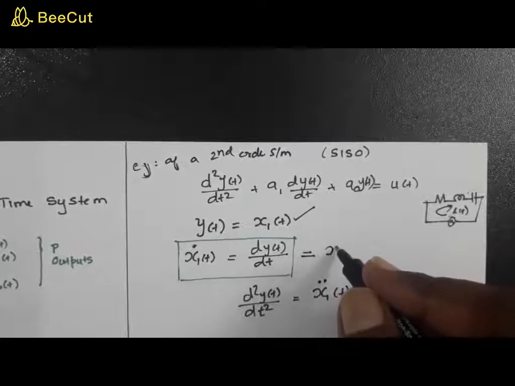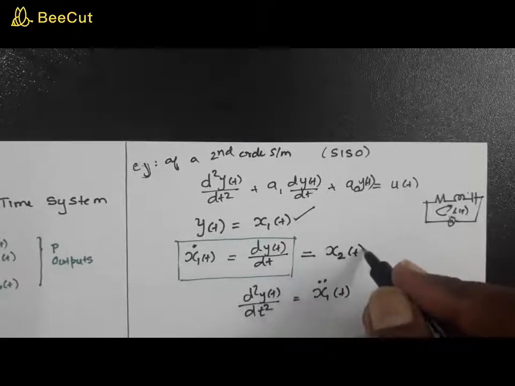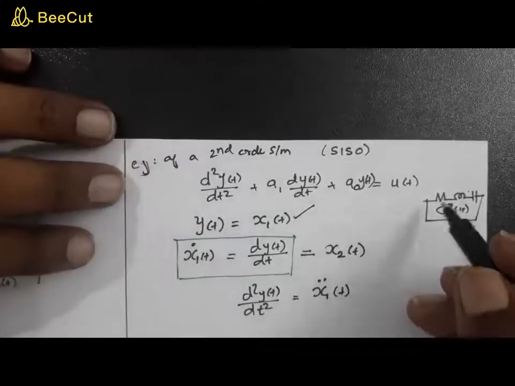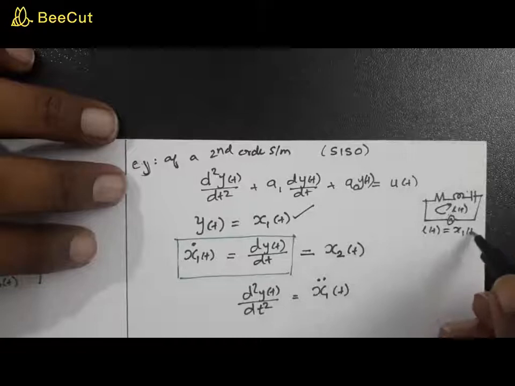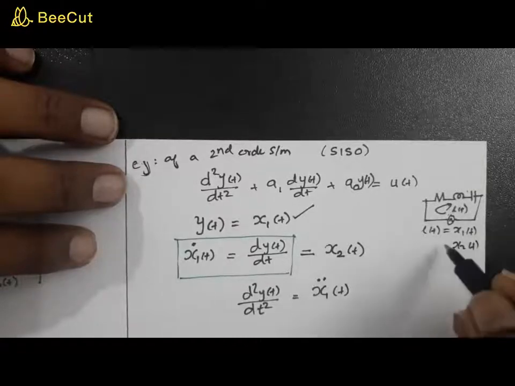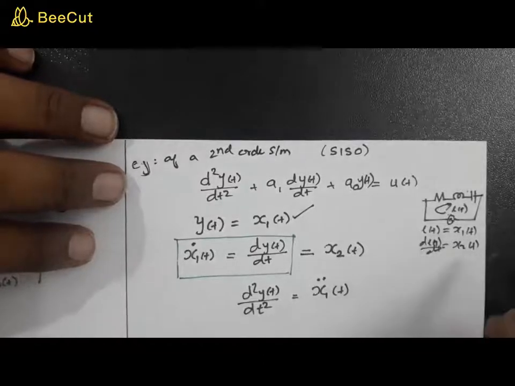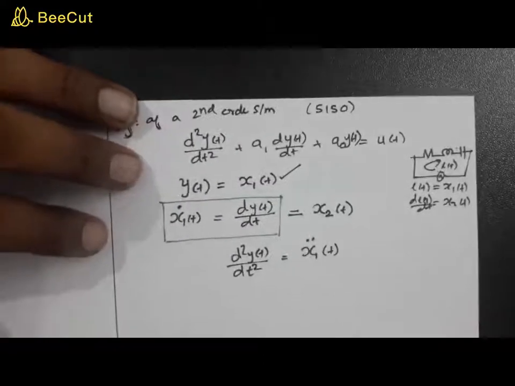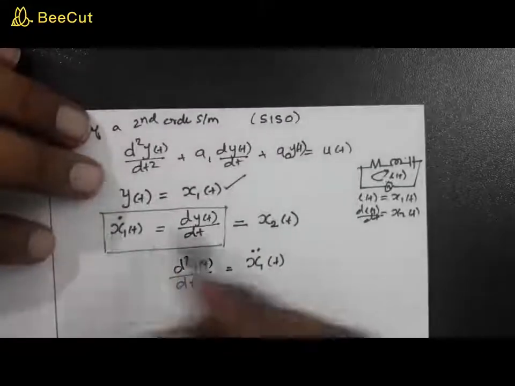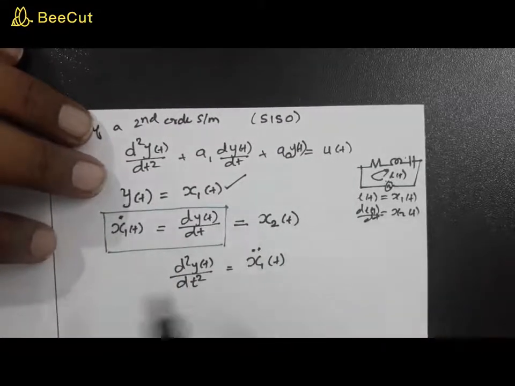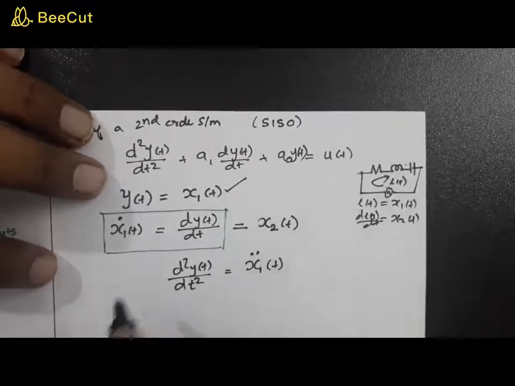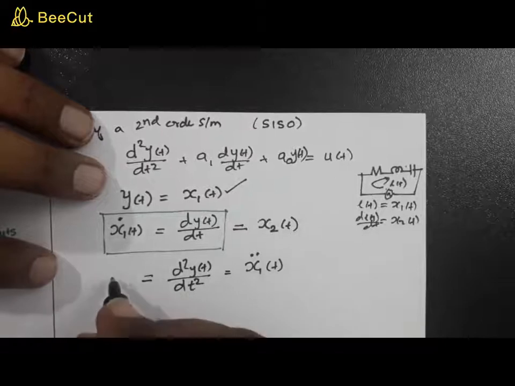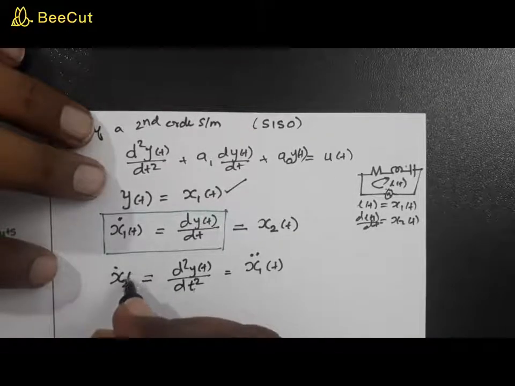So I'm assigning it to be x2 of t. For example, in this case, I have assigned I of t to be x1 of t, and x2 of t will be assigned as the derivative of I of t. That's it. So this is another state, x2 of t. Now this is actually equal to x2 dot of t.